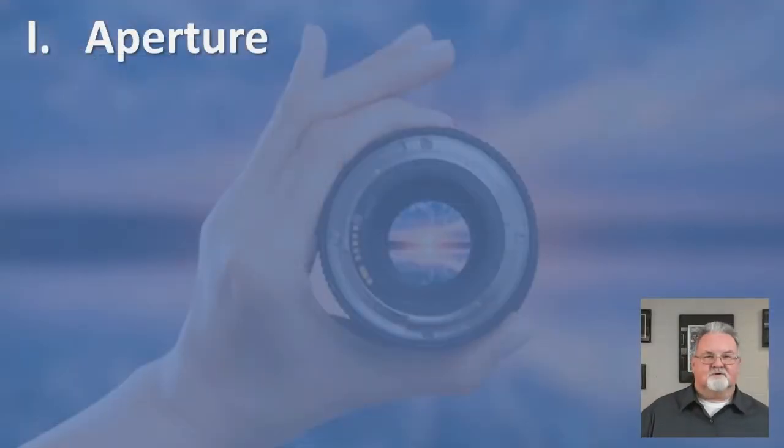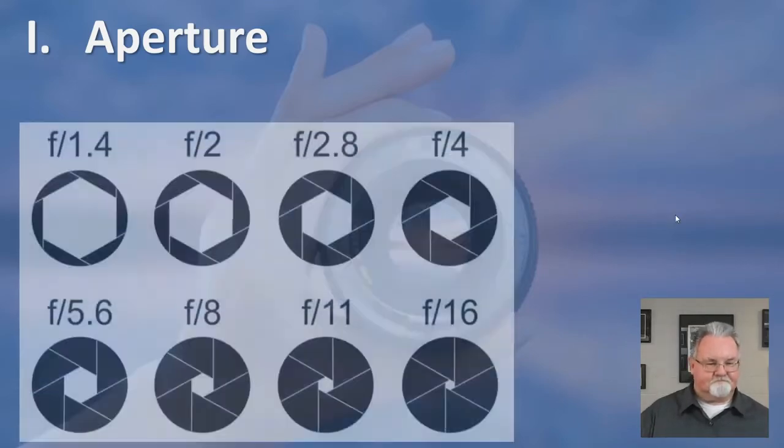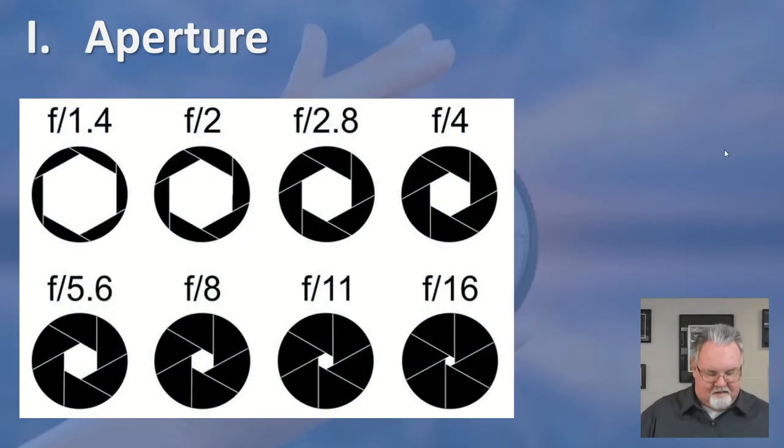And so just to give you an illustration here of what apertures look like and what they mean, this is a standardized set of camera apertures. Now, in most of the settings that we're going to talk about today, there are standardized increments. In other words, this does not vary from camera to camera, from lens to lens, from manufacturer to manufacturer.